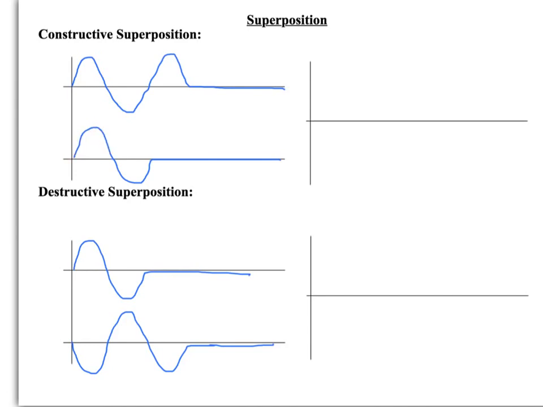So if we're drawing the resultant, what you'd expect to see is the amplitude of the sum of these, and then it would be like this.